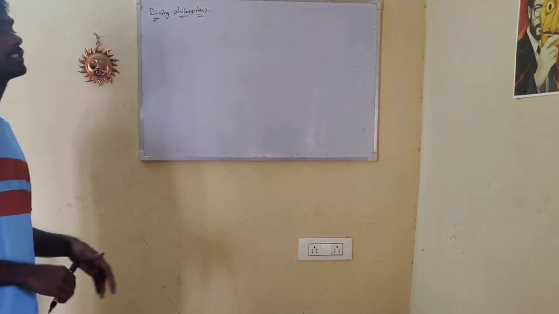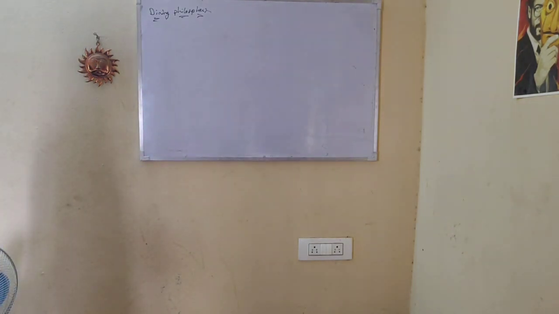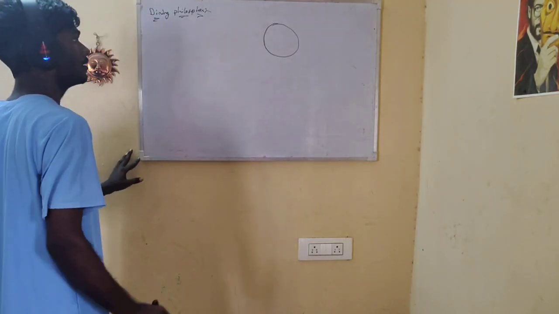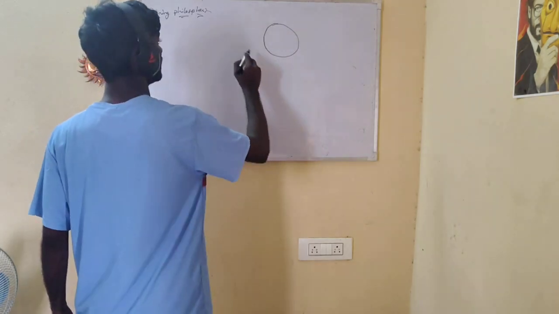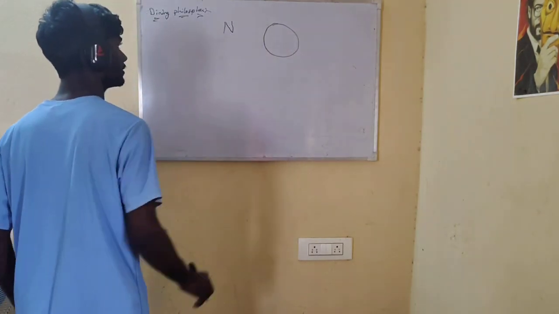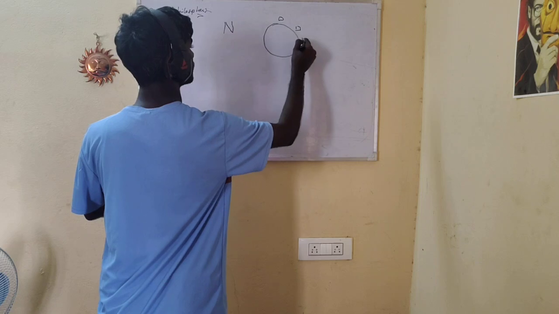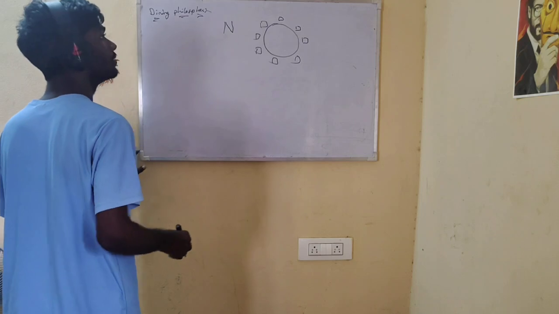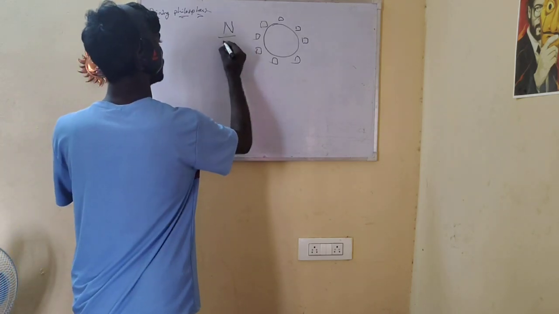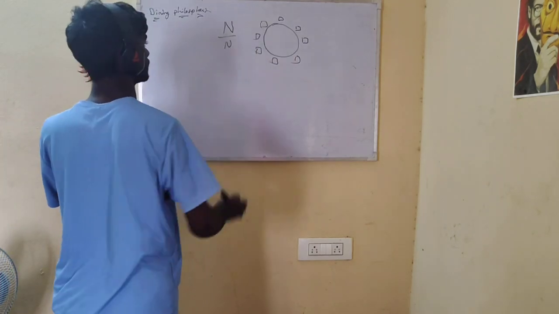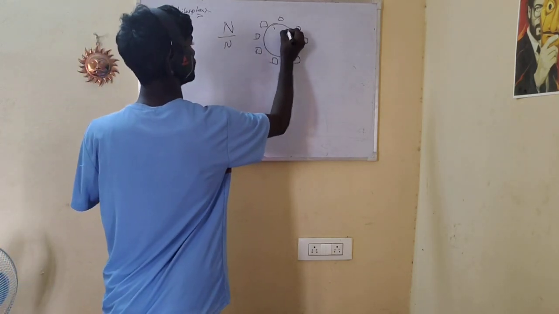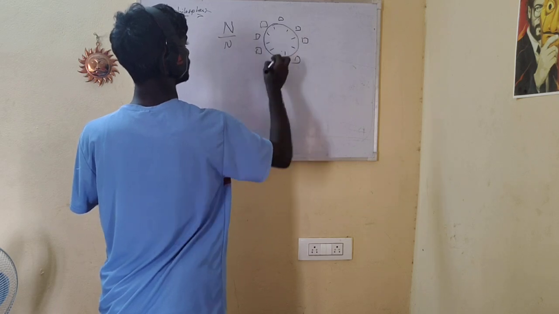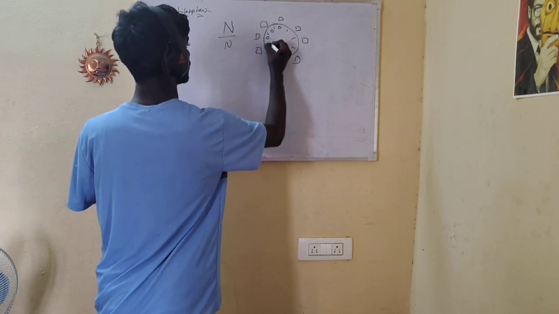The definition for this problem is: given a circular table around which n number of philosophers are sitting, and we have n number of chopsticks available, with food served in front of each philosopher.